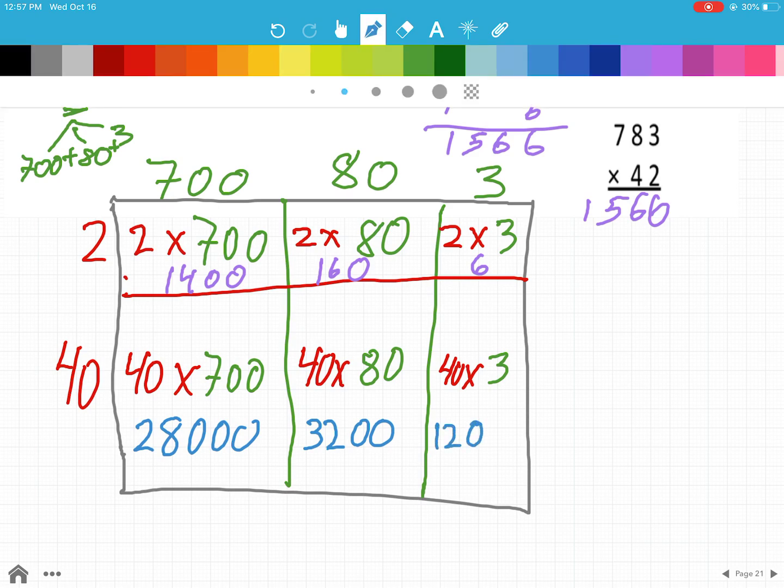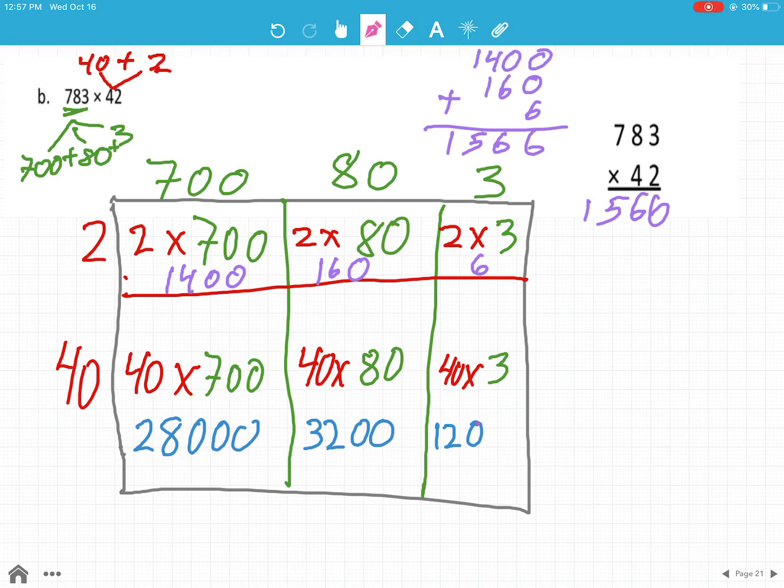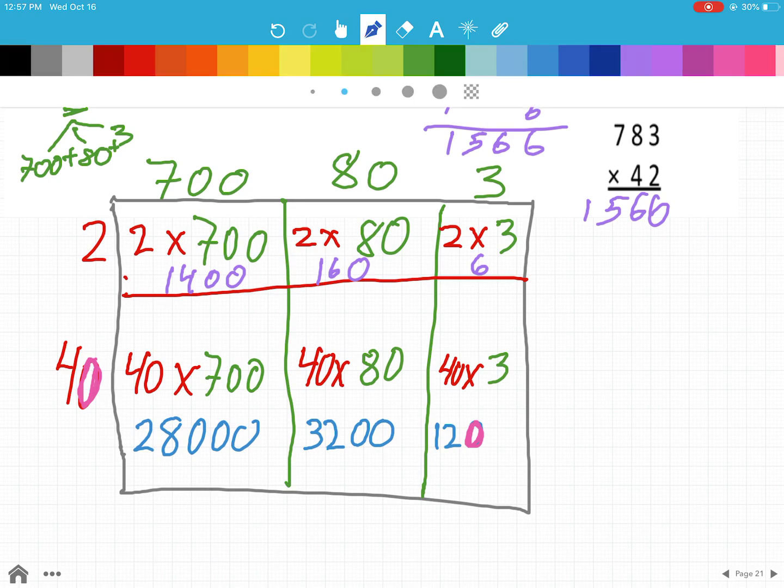Again, it's always going to be that 1 zero in the ones when we multiply, because we're actually multiplying times 4 tens. Okay, so I'll show it to you again.